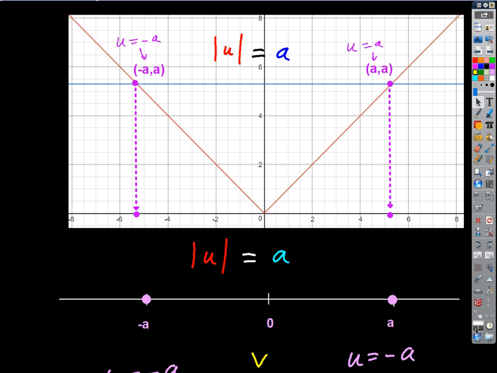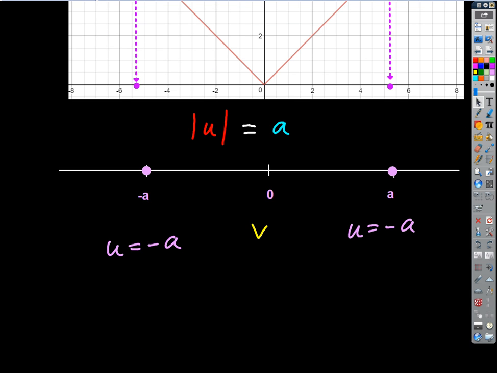And so that's just where u equals negative a or u equals a, right? It says negative A. Oh, whoops, that should be a.